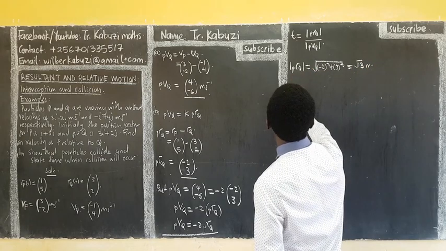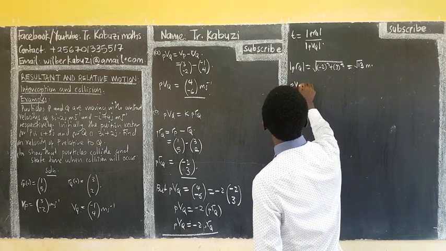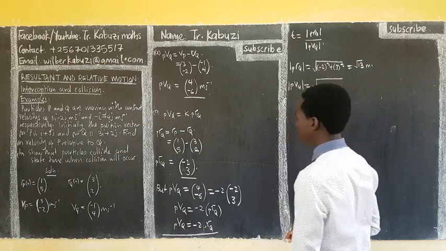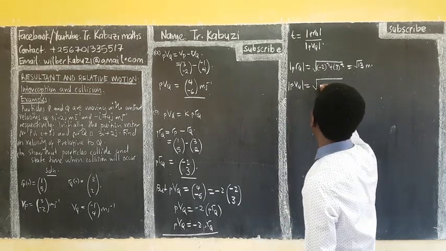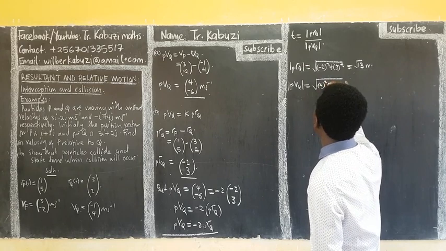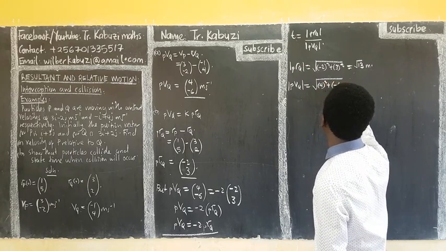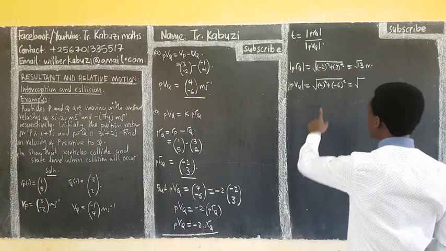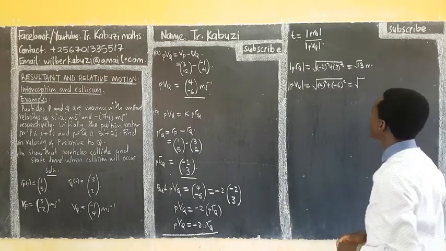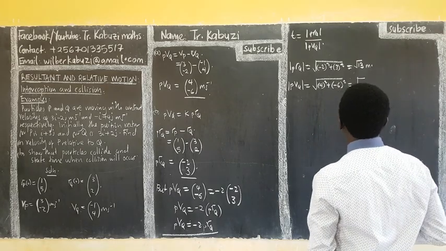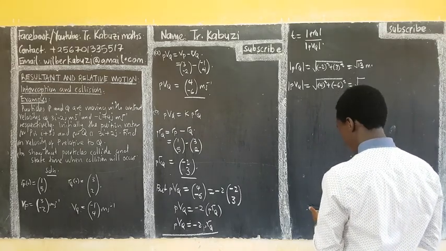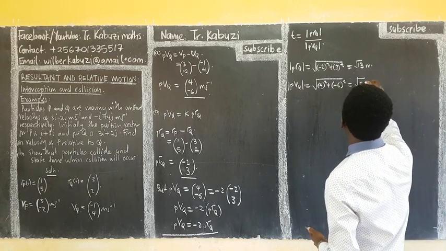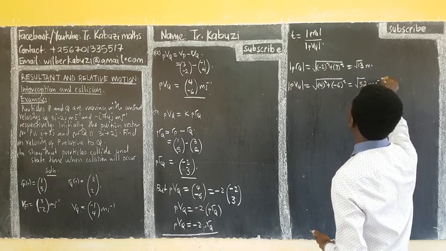Then the relative velocity is the square root of 4 squared plus negative 6 squared, which is 16 plus 36, which will be 52. But this is velocity, meters per second.